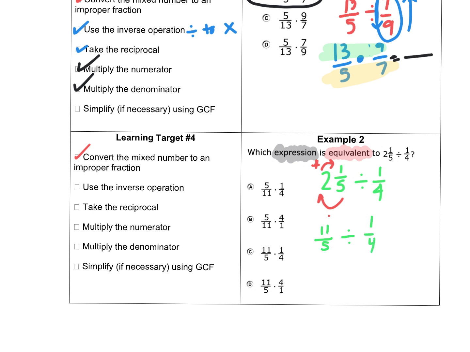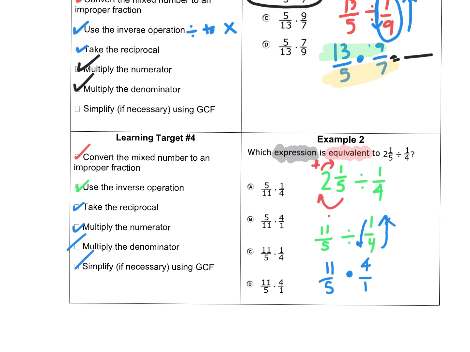Okay, so now let's use the inverse operation as normal. So we're going to do the opposite of division, which is multiplication. Then we're going to take the reciprocal of the second fraction as normal. Okay, so that's 4 over 1. All right, so now we have 11 over 5 times 4 over 1. So now we can multiply if we want and simplify if we want.